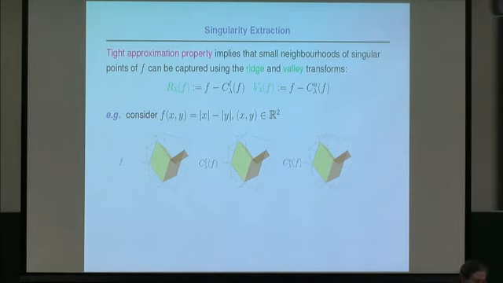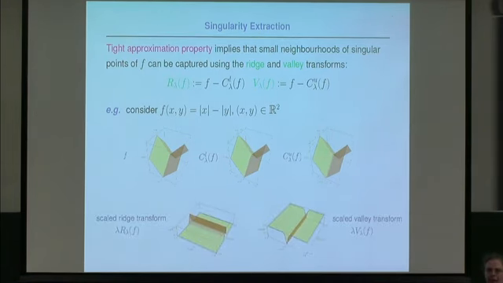And so if we take some differences and do a little bit of scaling, then we get the following. If we take the ridge, which is f minus the lower transform, and multiply by lambda for reasons to do with some scaling properties, then we get this object. And this object acts as a detector of this part.